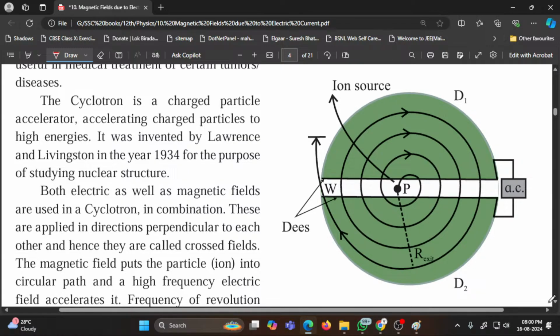Hence the ion is always accelerated, its energy increases, and the radius of the circular path also increases, making the entire path a spiral.